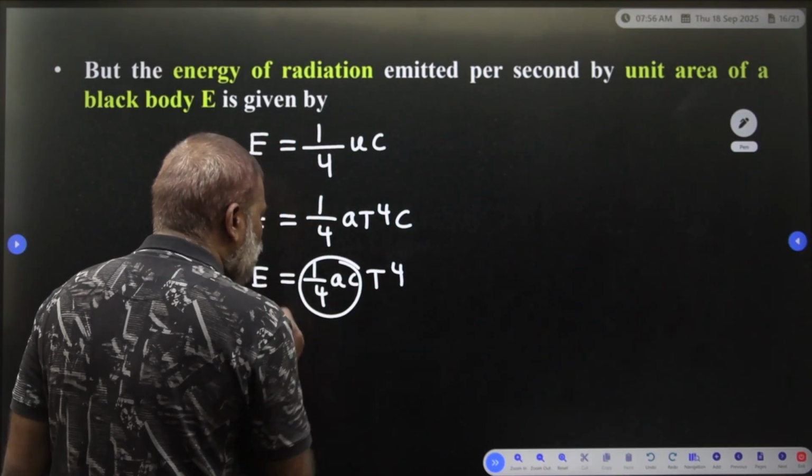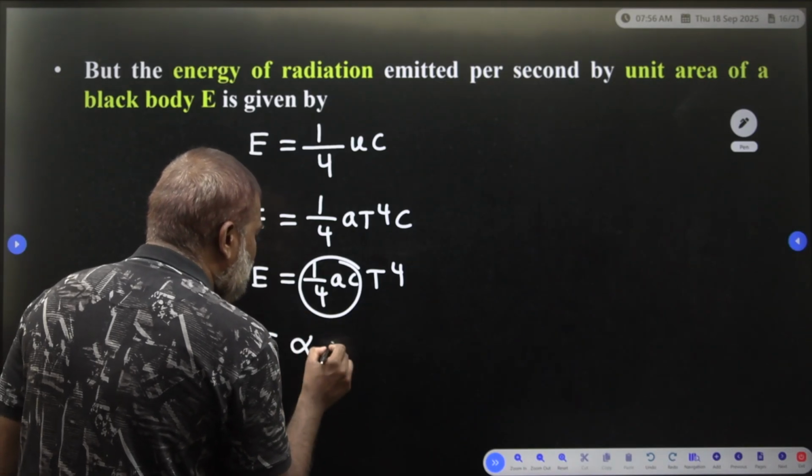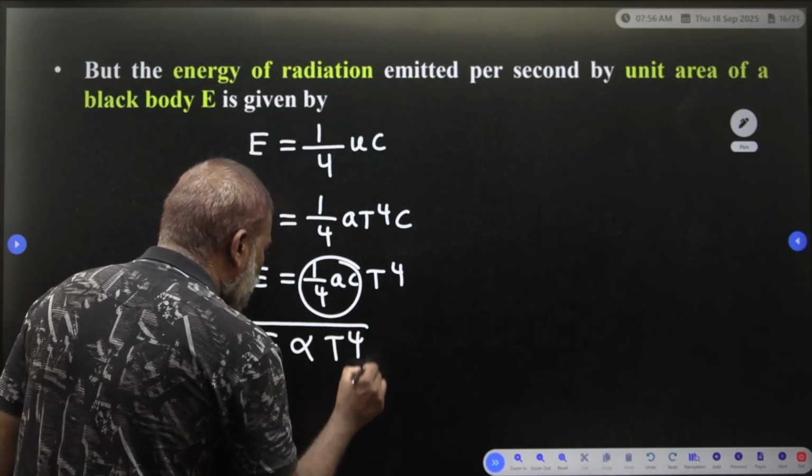This 1 by 4 a into C is the constant. Therefore, E is directly proportional to T to the power of 4.